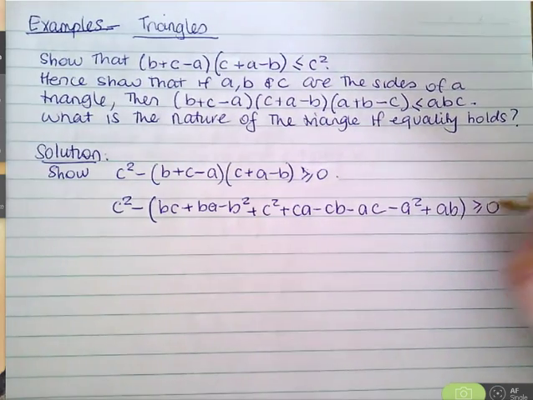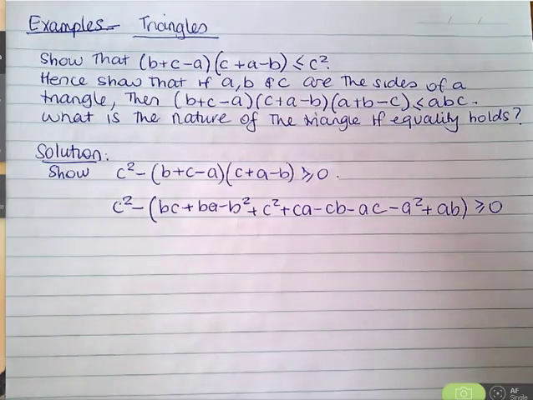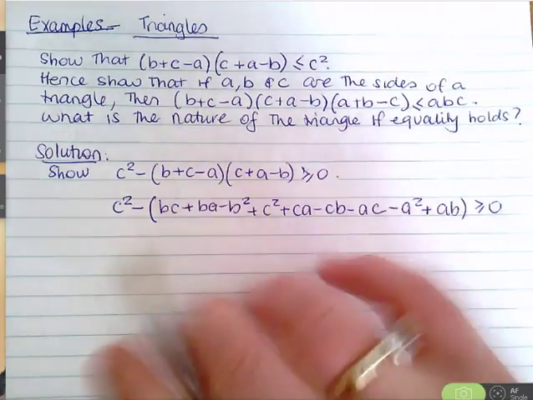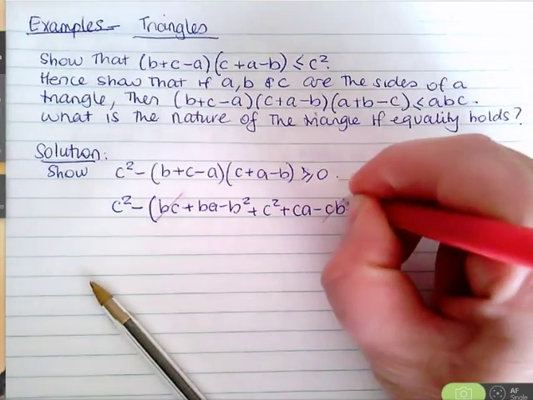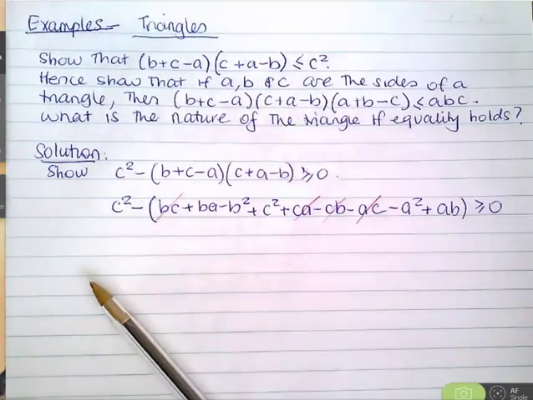Of course, keeping your brackets there before you expand. See if there are any like terms, and there are, that can be cancelled. So the bc's can go and the ca's can go.